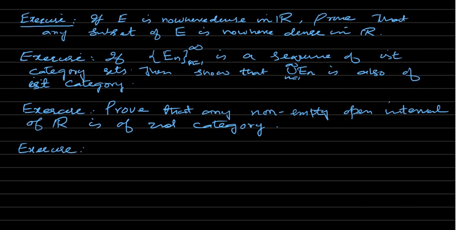Fourth one is, so this list is from the book Goldberg, exercise 5.6 actually. If we have a sequence of open subsets of R, each of which is dense, then you need to show that the intersection is also dense.